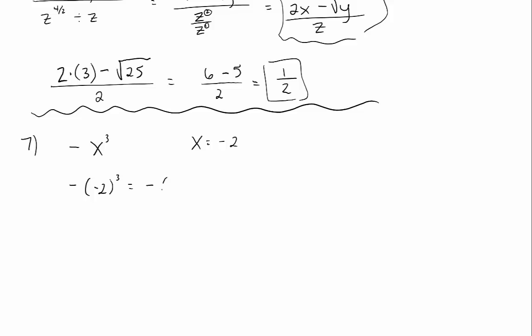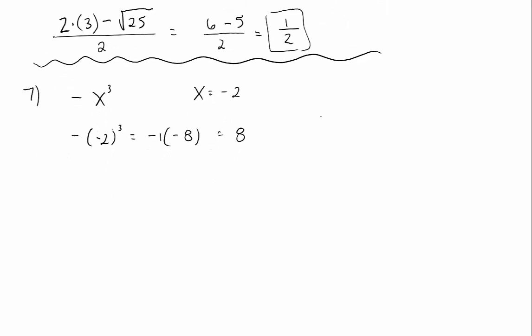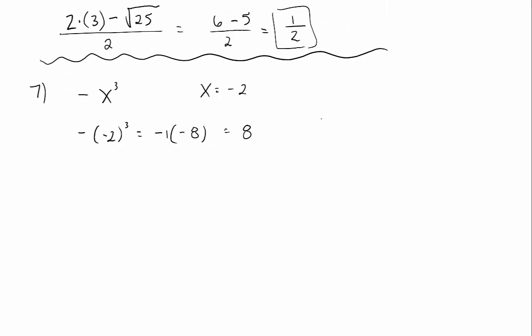So now I have negative, and then in my parentheses I have negative 8. And then essentially this is negative 1. And if I have negative 1 times negative 8, I simply get a positive 8. And positive 8 is our final answer. Hopefully that wasn't too difficult. Again, once we get the substitution down, it's really not too difficult as far as the math goes.